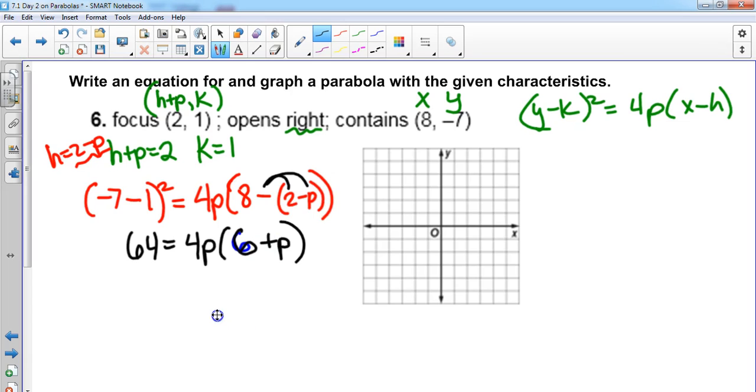Did I lose anybody? 8 minus 2 plus p if I distribute the minus. So we got 6 plus p. I don't want to distribute because I'm just going to get rid of this 4 right now. Is that all right with everybody? I divided both sides by 4. So now I have 16 equals 6p plus p squared.